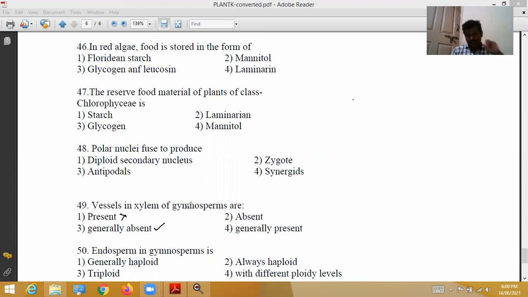So the third option is correct. In gymnosperms, xylem does not have vessels, and so on. So for the 49th question, the correct option is third.